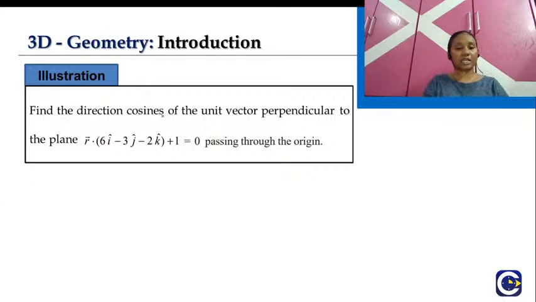Find the direction cosines of the unit vector perpendicular to the plane r bar dot (6i minus 3j minus 2k) plus 1 equal to 0. Here the equation of the plane is given, and you have to find the direction cosines. Give it a try. How can you find this? Just a simple logic here.